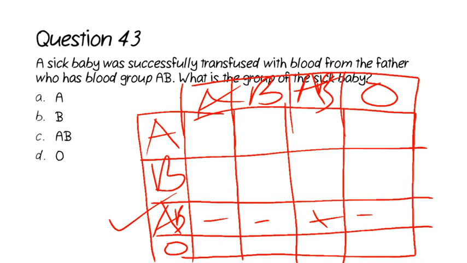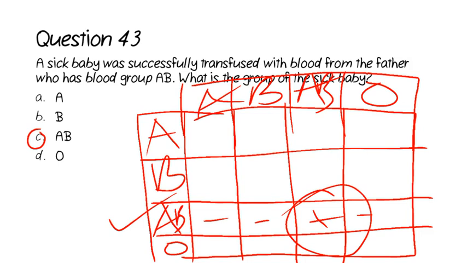With this being said, looking at our compatibility table, the only compatible result we have is a donor of AB blood group giving blood to a recipient of AB blood group, as in here. Our answer to this question is simply C, on grounds that a person with AB blood group can only give blood to a person with AB blood group.